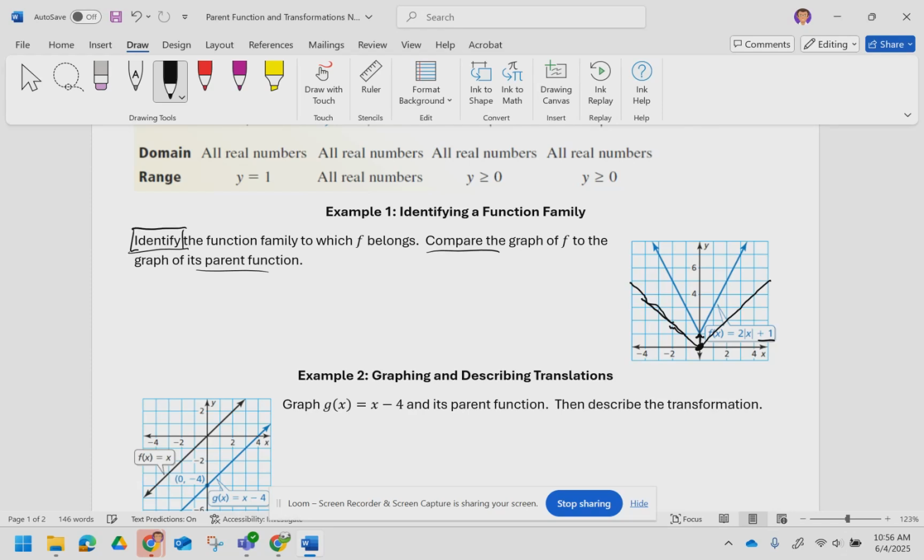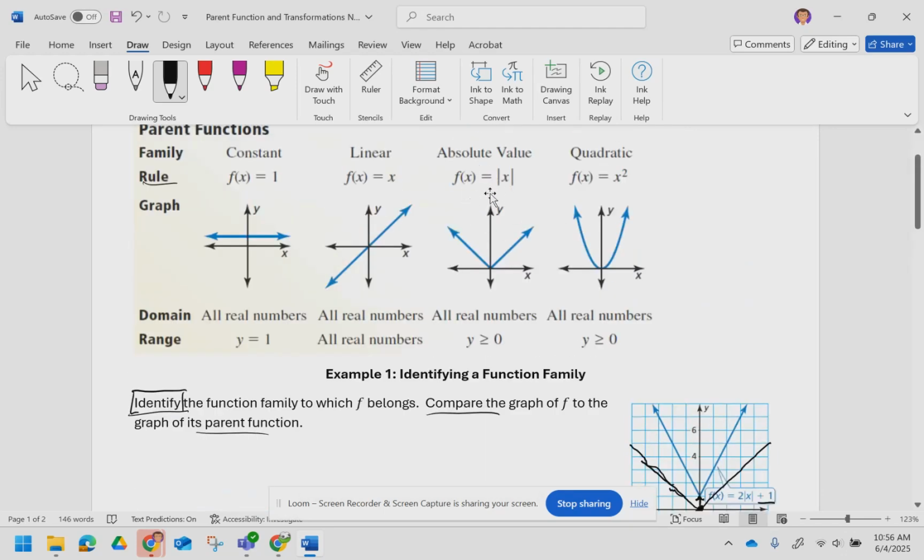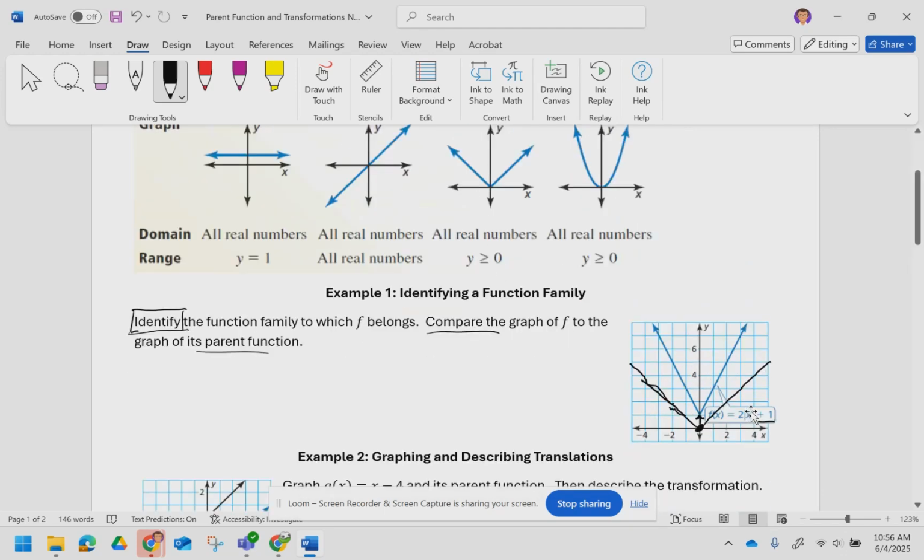Identify the family. So this is a V. This is going to fit into the absolute value. We also look at the equation. We've got the absolute value of x inside of there. So the family it belongs to is the absolute value family.